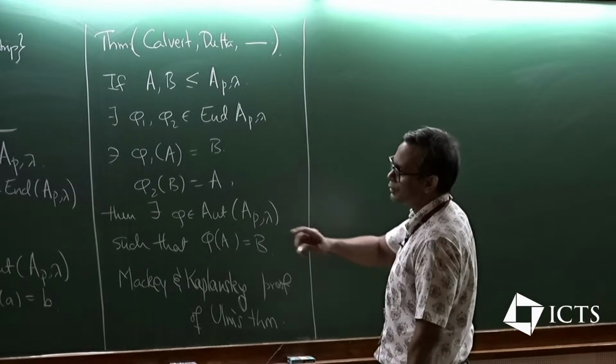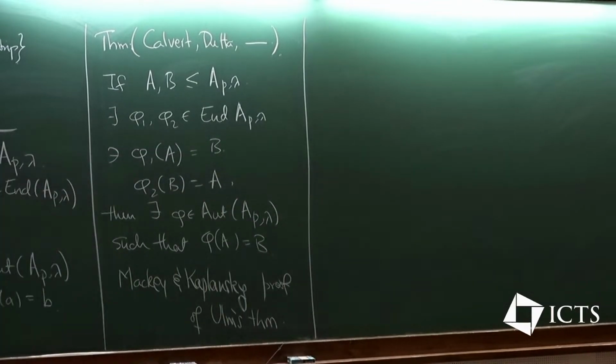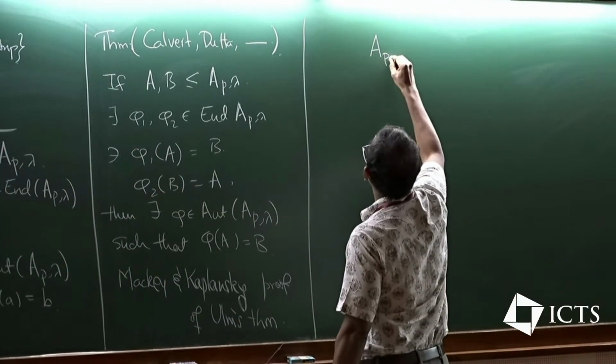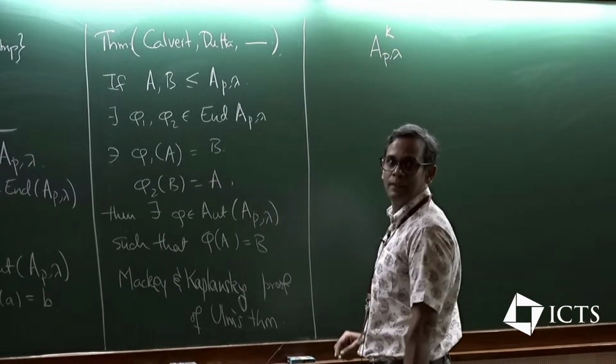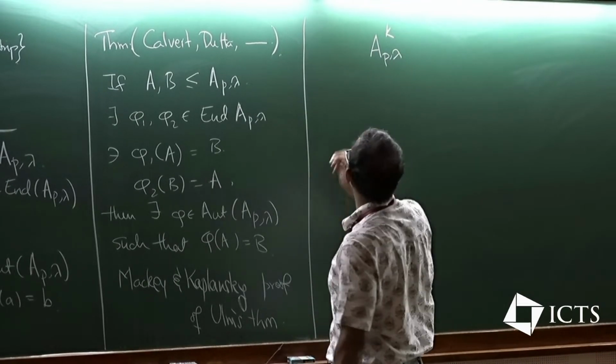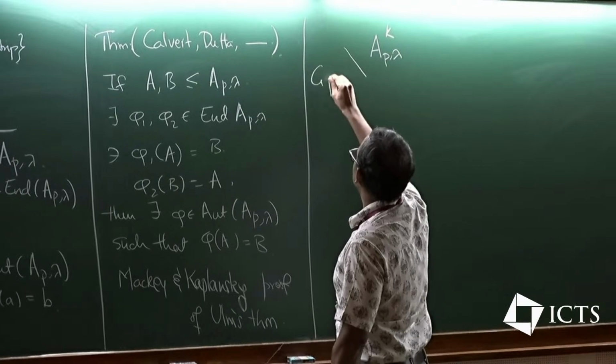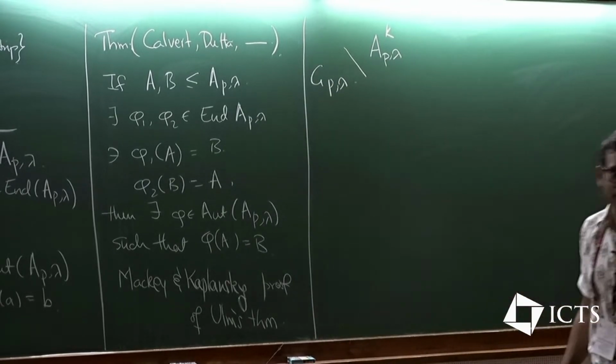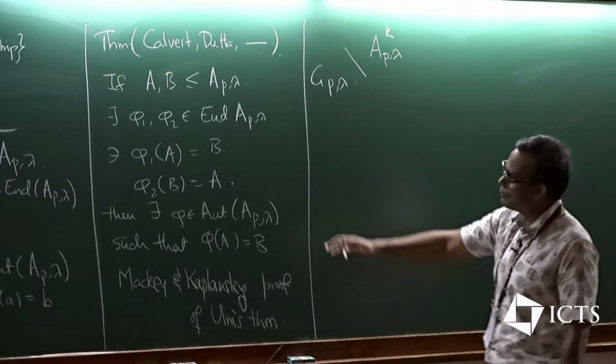unless so what we have looked at is A_P lambda mod G_P lambda, but we could also look at A_P lambda to the power k, the kth power of A_P lambda mod G_P lambda, and try to understand this. Okay, there's a similar theorem for pairs.